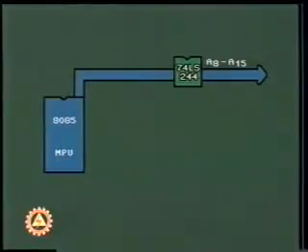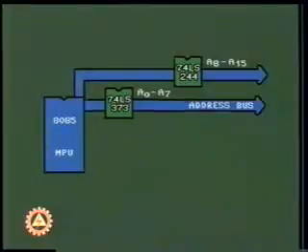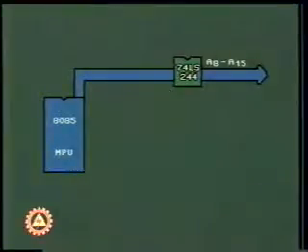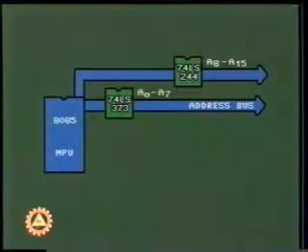Therefore, we select an octal buffer 74LS244 for the higher order address bus A8 to A15 and an octal latch 74LS373 for the lower order address bus A0 to A7 to increase the drive capacity of the processor address bus.